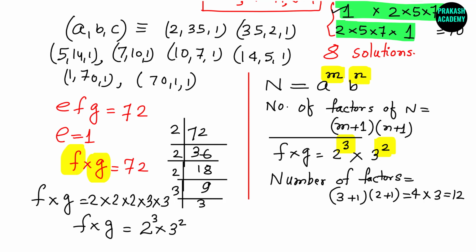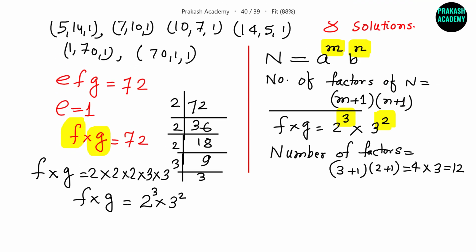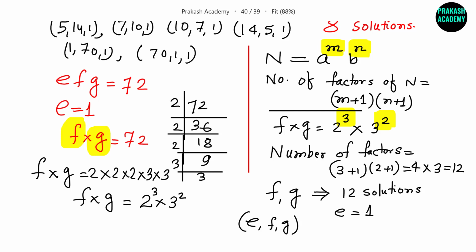This means for F and G there are 12 possibilities, so 12 sets of solutions are possible. And for E, basically one solution. So for E, F, G, there are 12 solutions possible.